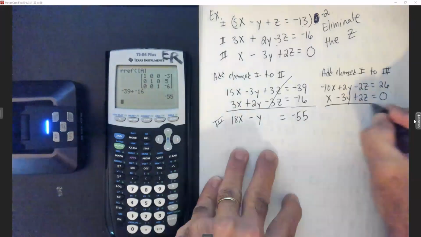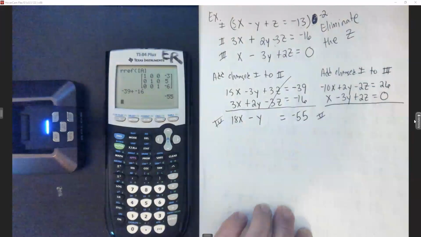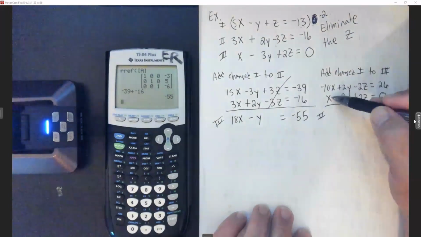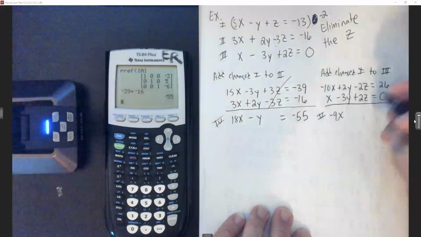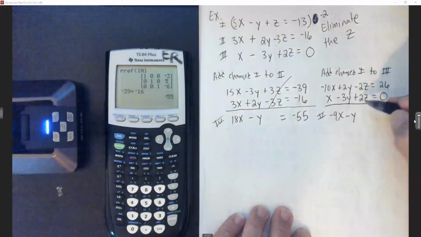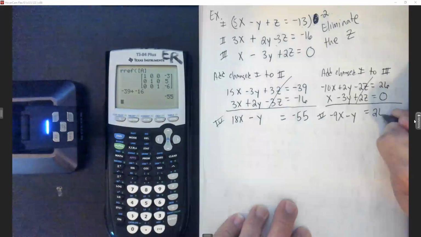When I add them, that's going to be my row 5. All right, y'all, negative 10 and 1 give you negative 9x. 2y and a negative y give you a negative 1y. The z's canceled, and that's going to equal 26.